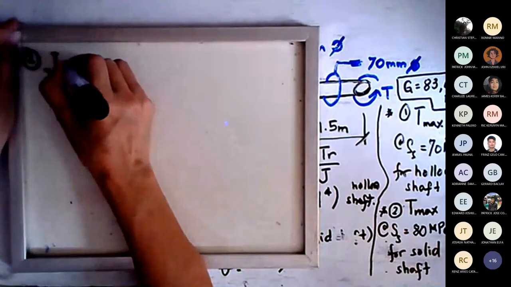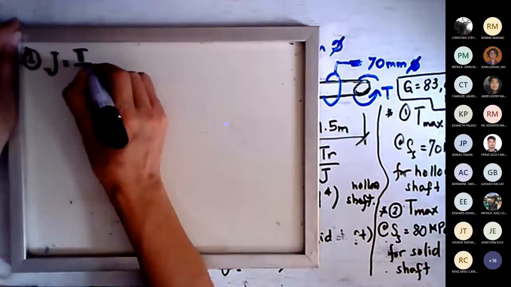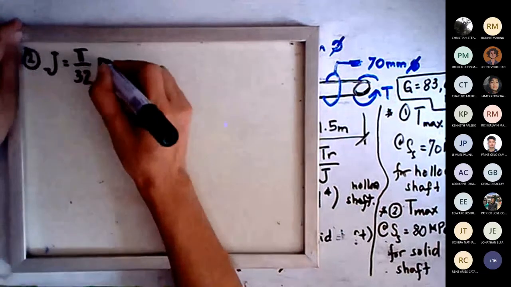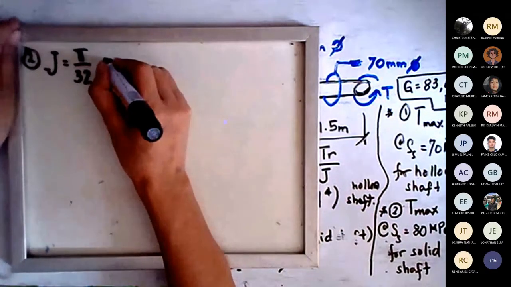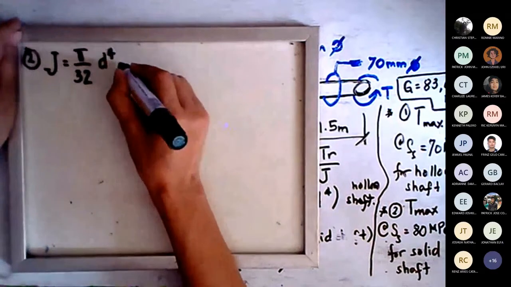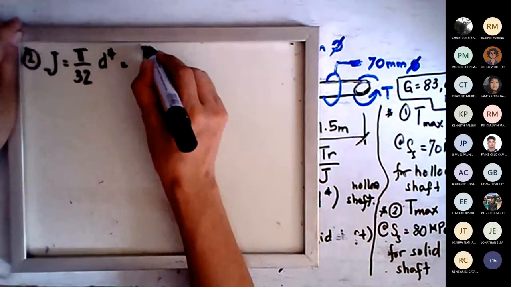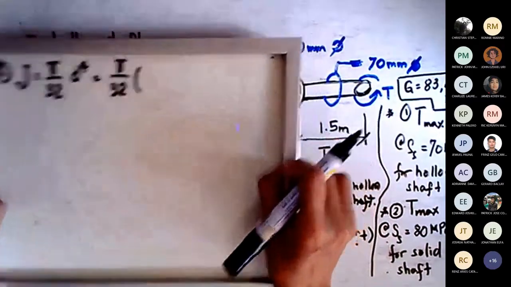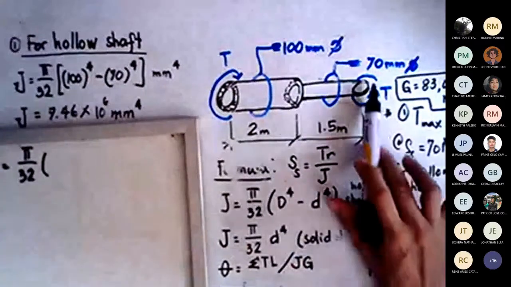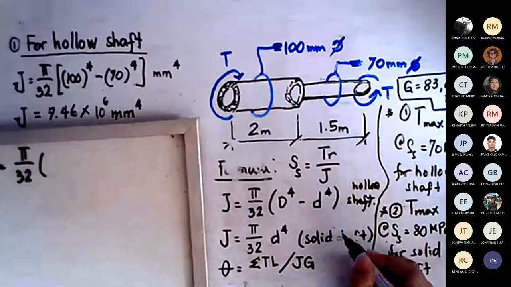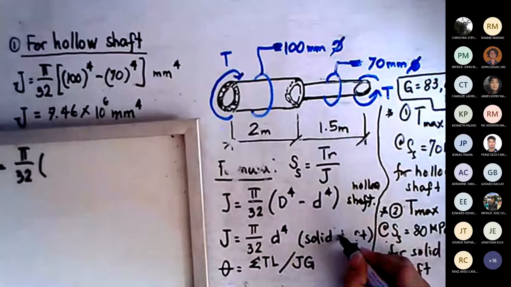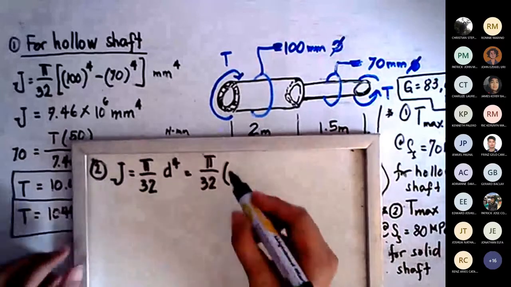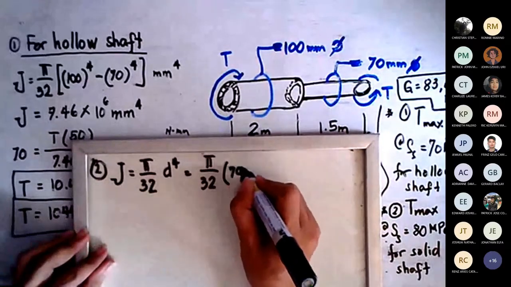So, for the polar moment of inertia, dahil solid shaft, we are going to use pi over 32 d to the fourth. Ang diameter natin is 70 mm.